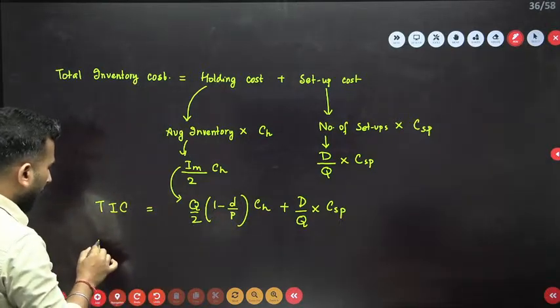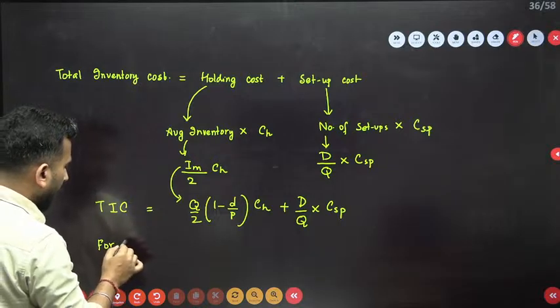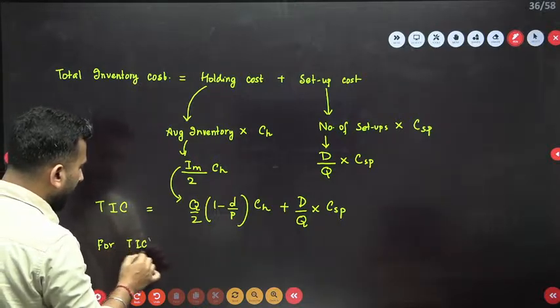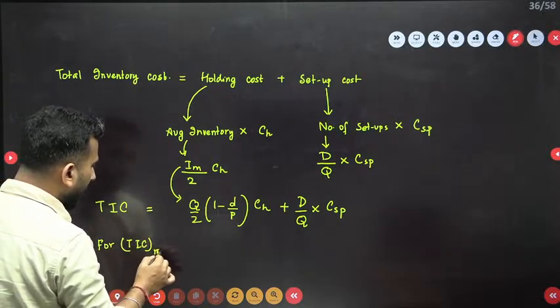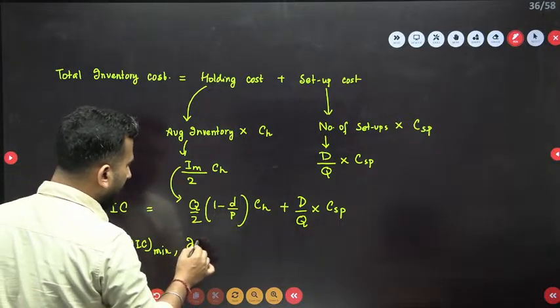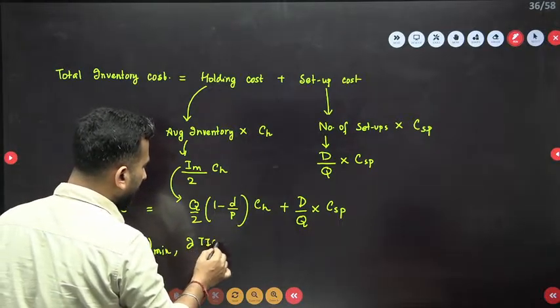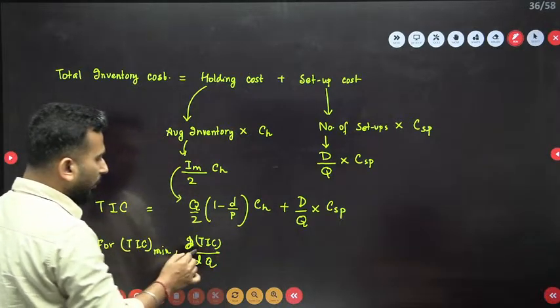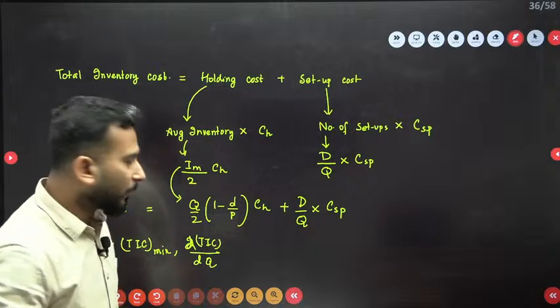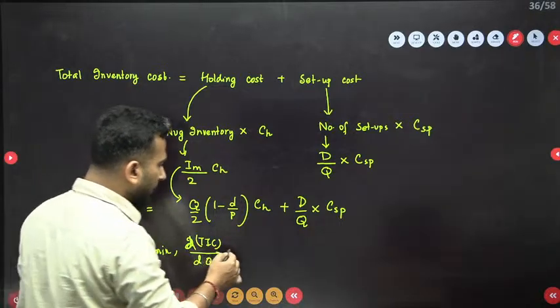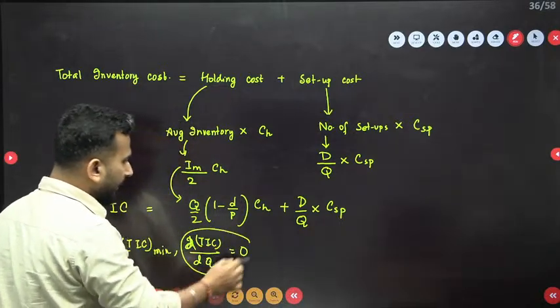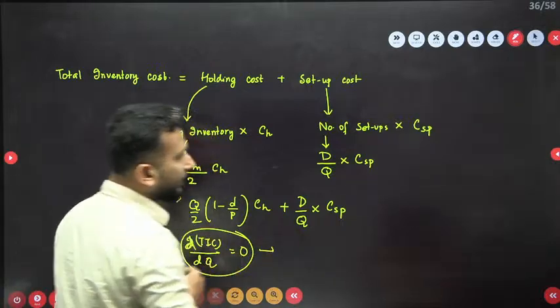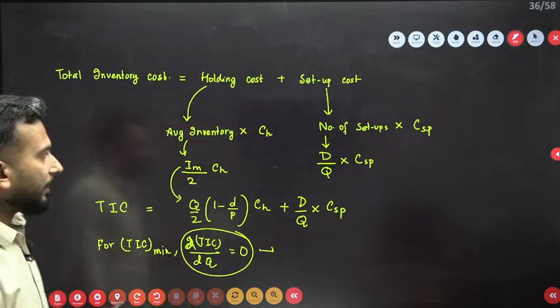So for TIC minimum, I will differentiate TIC with respect to Q. Now I need not apply partial because it is only one variable over here. So dTIC by dQ is equal to 0, and you will get the expression, right? The expression that you all remember.